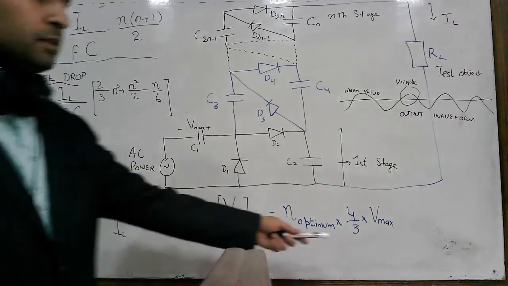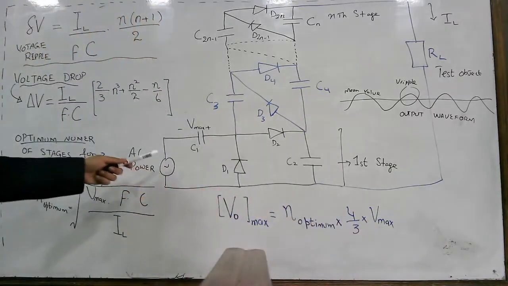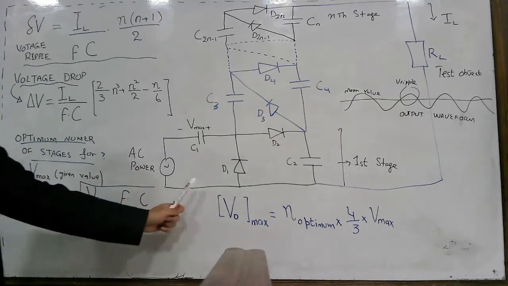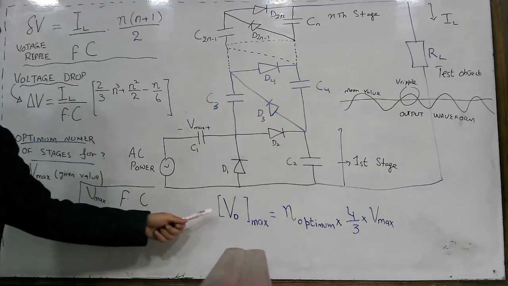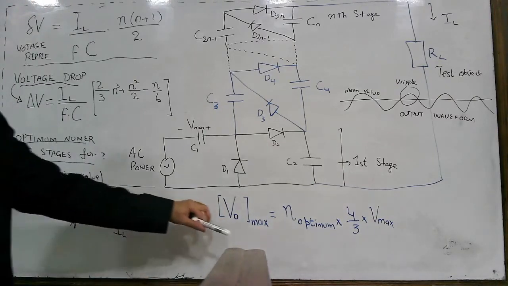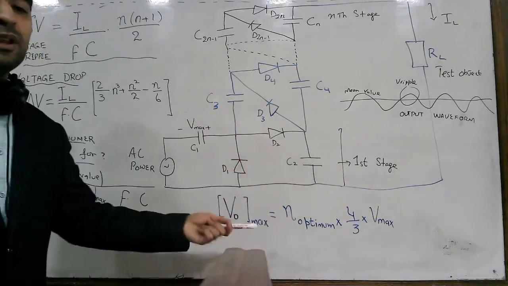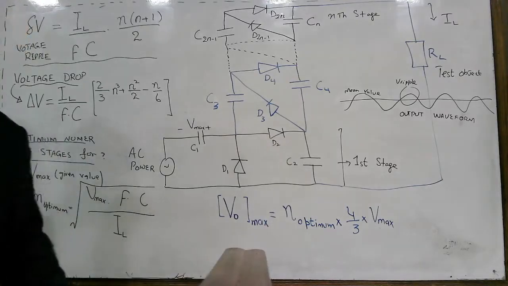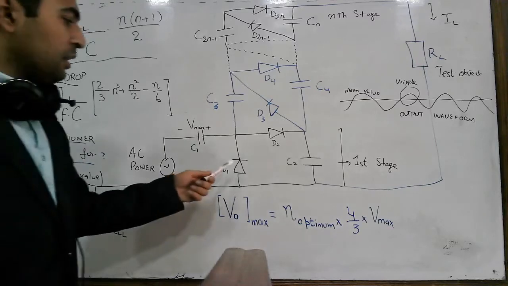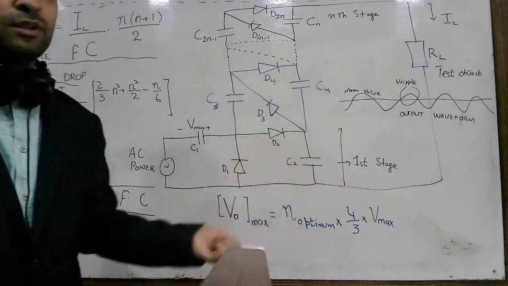Now what is V max? V max is the input voltage here, the peak value of the input voltage. So this is the practical value. This equation gives us the information about the output voltage which you will achieve practically, and still we have ignored the diode voltage drops.